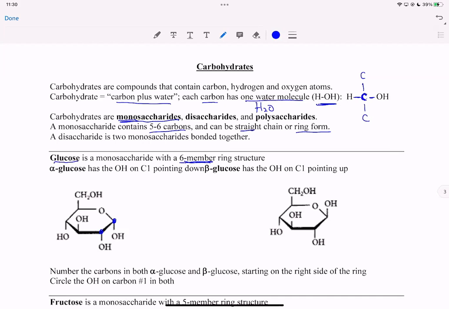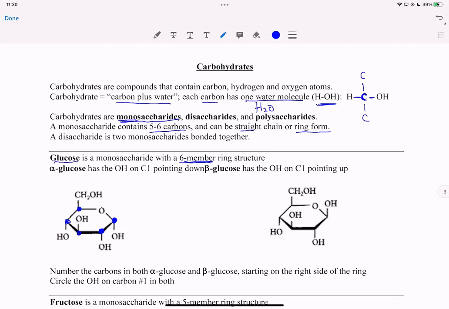But remember, when you have the line angle drawing, there are no carbons or hydrogens shown as the atoms C or H. So where you have 2 lines intersect here, that means that's a carbon. When you have 2 lines intersect here, that's a carbon. Here's another carbon. Here's another carbon. There's 3 lines intersecting right here, and those 3 lines intersecting is another carbon.